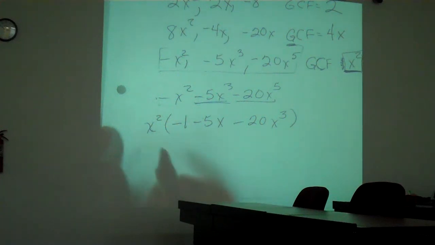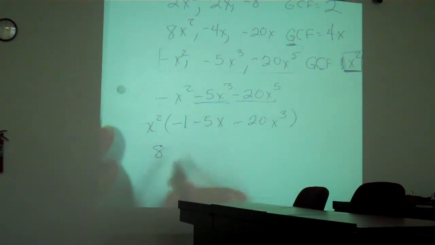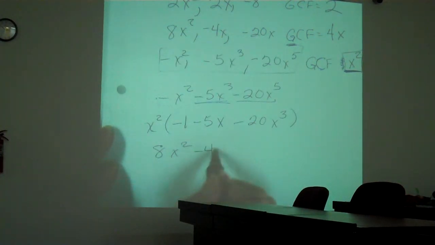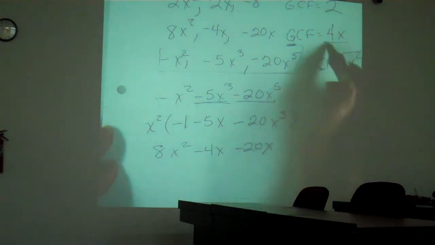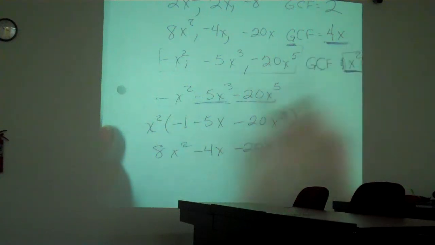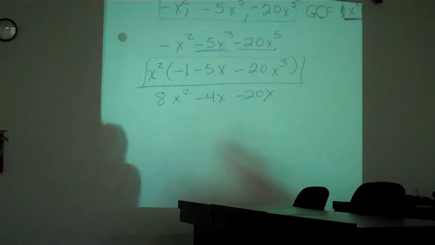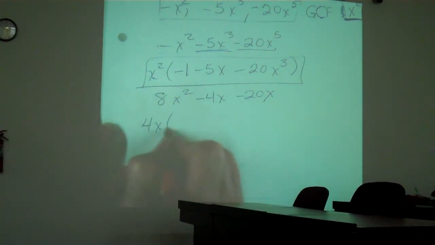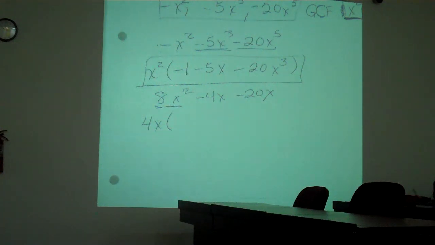Okay, let's do this one up here. Let's put 8x squared minus 4x minus 20x. Our greatest common factor was 4x. So we're going to put the 4x in the front. First term, what do we need to multiply it by to get 8x squared? 2x.